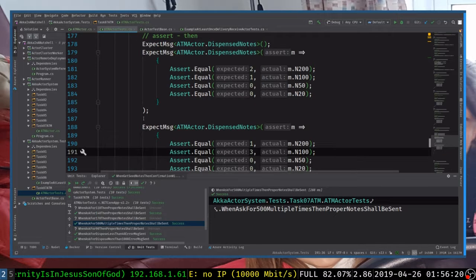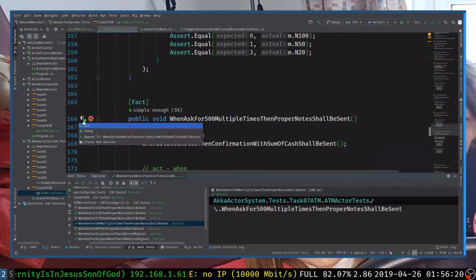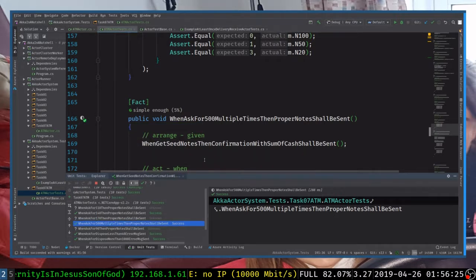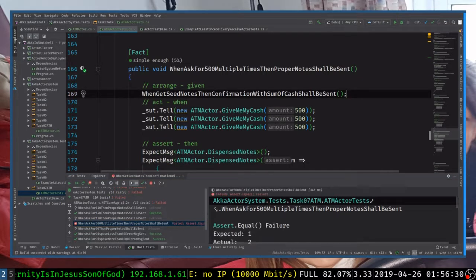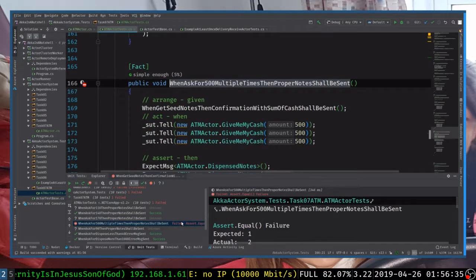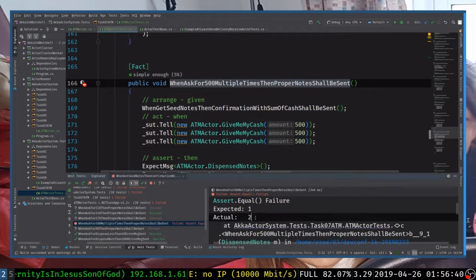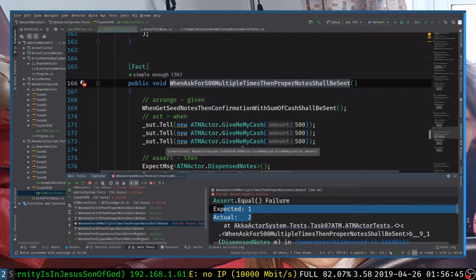So let's run and see where we are. Alright, so our algorithm didn't take the balance, right?